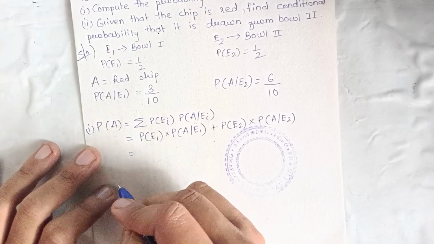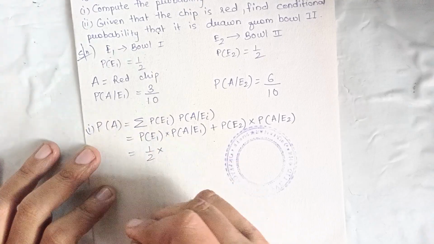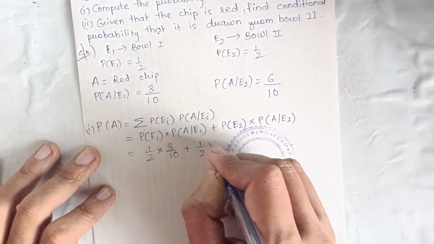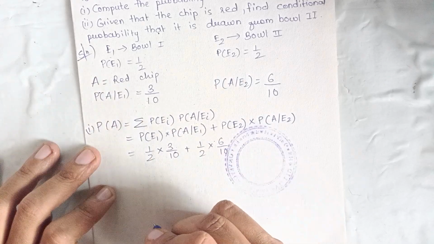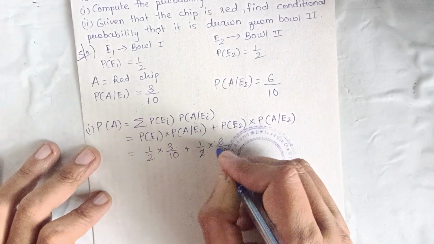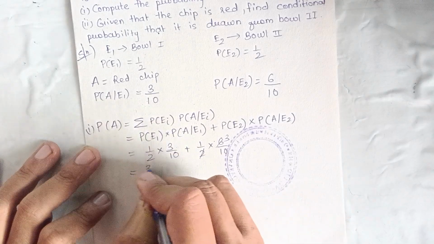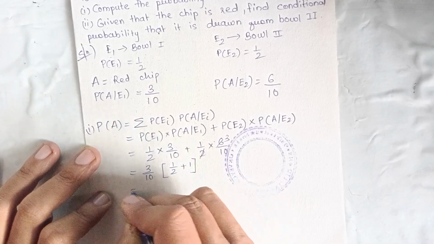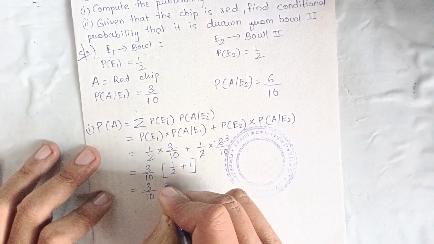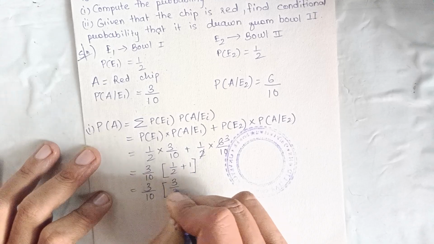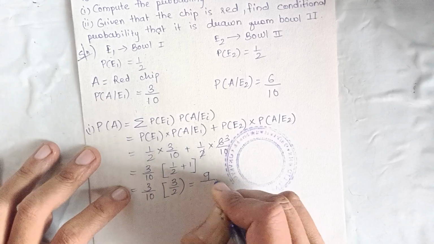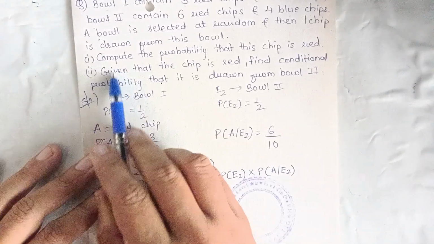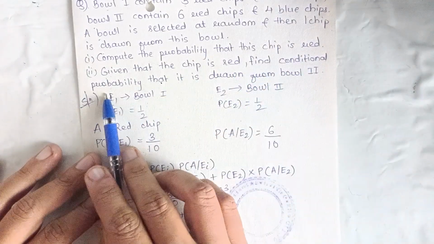Let's put values. P of E1 is half, A given E1 is 3 upon 10, half times 6 upon 10. So I can take 3 upon 10 common: half plus 1. That gives 9 over 20.